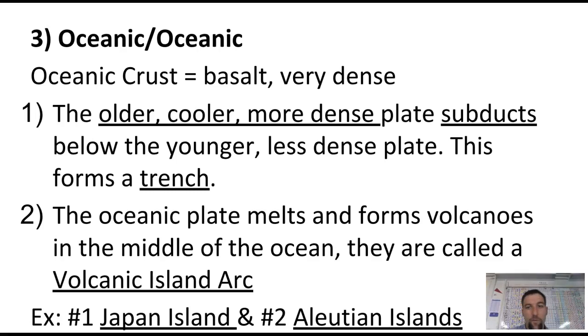The older it is, the more dense it's going to be, so it's going to subduct under that younger one. The oceanic plate that subducts will melt and will form what's called a volcanic island arc in the middle of the ocean. Some examples: Japan, and the Aleutian Islands off the coast of Alaska would be a really good example of a volcanic set of islands that were made in this way.